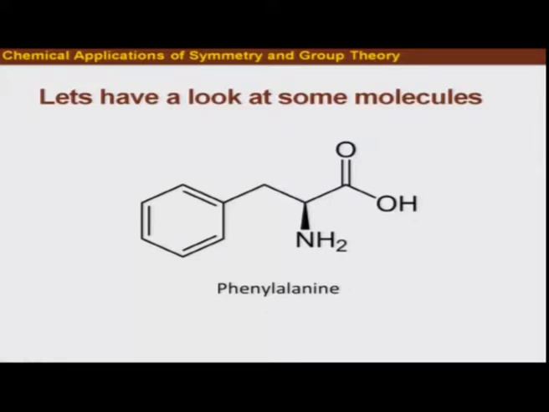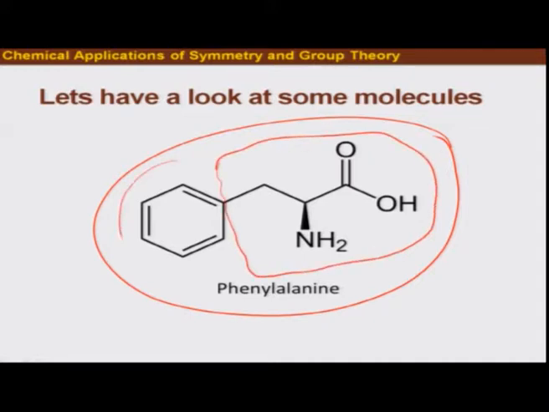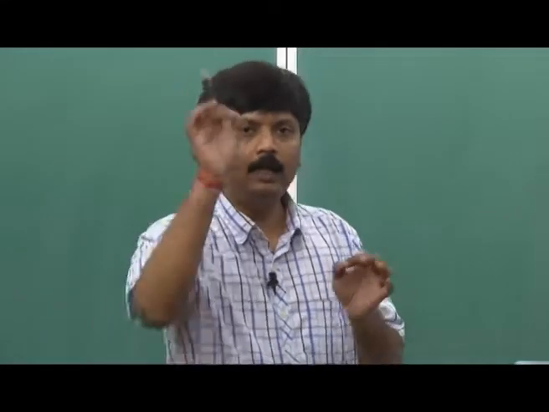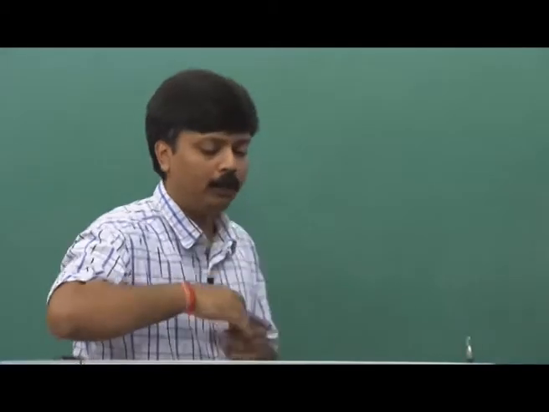So, this is phenylalanine, it is an amino acid. Now, for a second you forget this part. So, this benzene moiety, just only the benzene, if you look at, it's very much symmetric to you, right? Okay. So, any point on this object can find an equivalent point on the other side of the molecule.